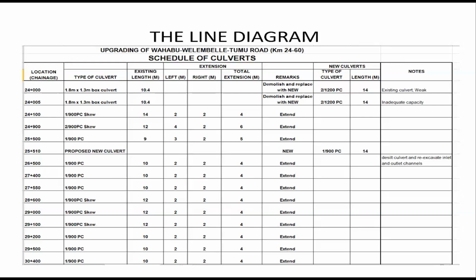So extend 2 meters to the left and 2 meters to the right, making a total extension of 4 meters. And the remark here is extend. So it goes on like that. And if it's a new culvert, install a new culvert.